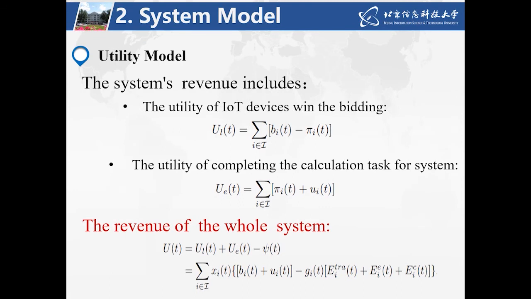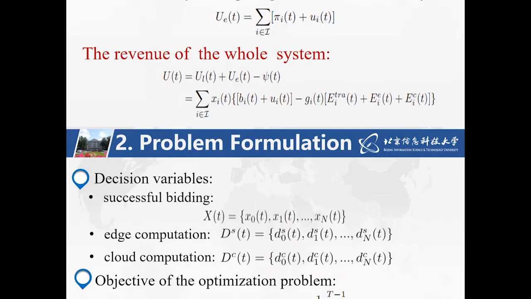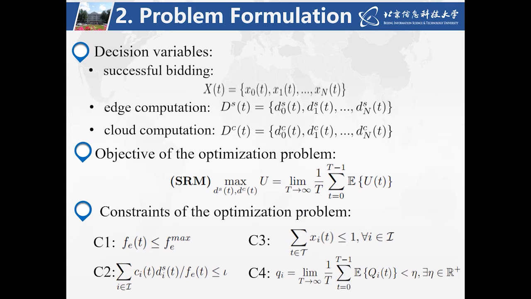Correspondingly, our utility model is as follows. System revenue includes the utility of IoT devices when bidding, and the utility of completing the computation task for system. Then we have the revenue of the whole system as shown above. According to the above task, cost and utility models, on this page we give our optimization problem.